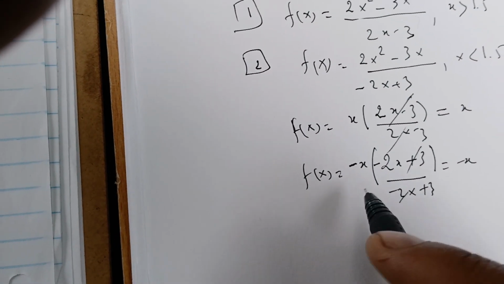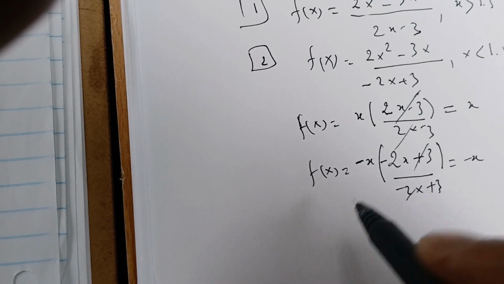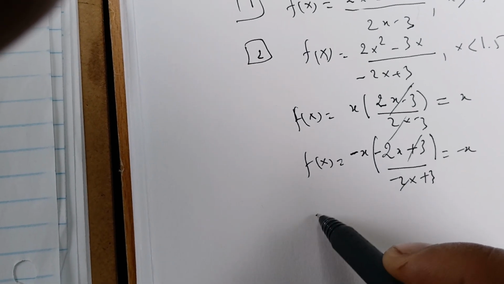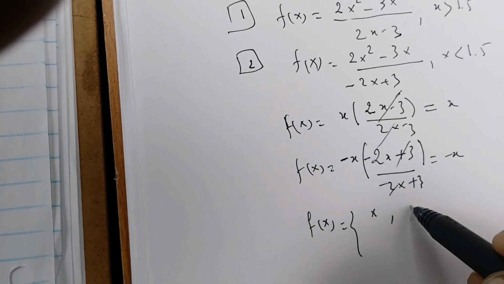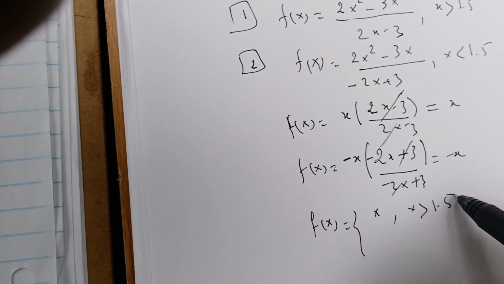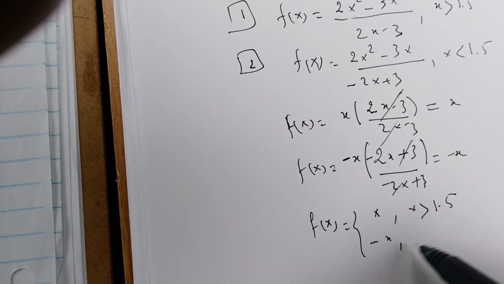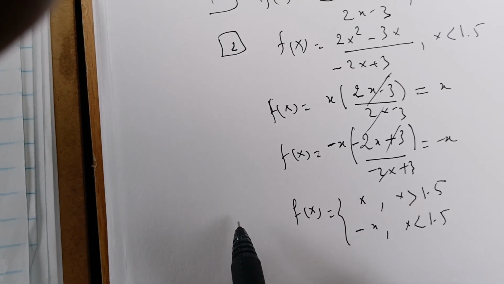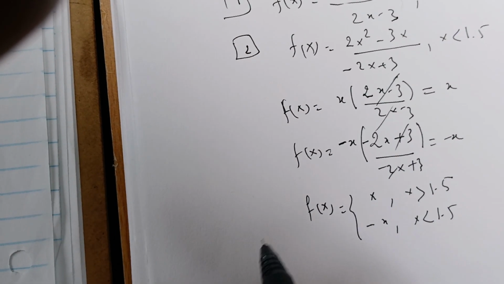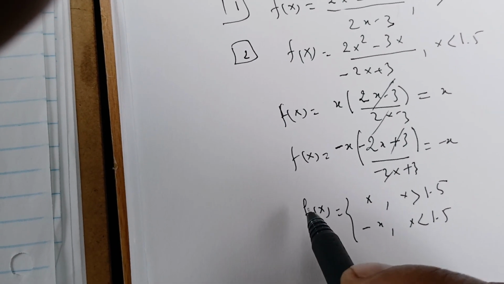That means we have f of x defined by the following: f of x is x when x is bigger than 1.5, and minus x when x is less than 1.5. Okay, so in this case, finding the limit would be different.